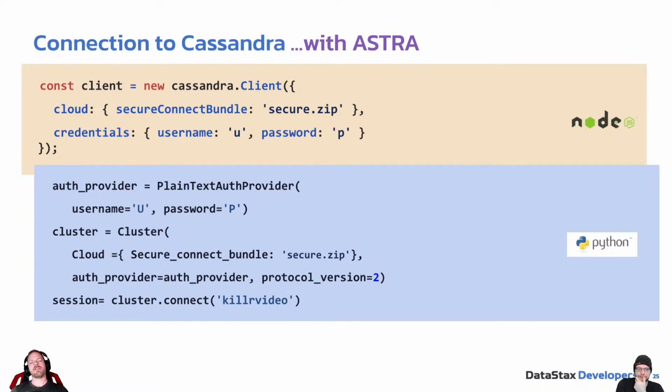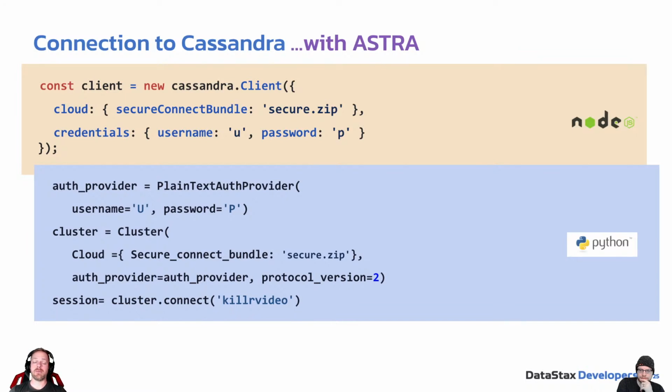If you remember earlier, I mentioned that when you use Astra and that Secure Connect bundle, the drivers are aware of the Secure Connect bundle, and they will handle all the connection for you from there. So this is what you're seeing here. Take a look at the top example with Node. You'll see that we're creating a client. In Node, we call it a client, a new client. When I initialize that new Cassandra.Client, see that cloud secureConnectBundle secure.zip.